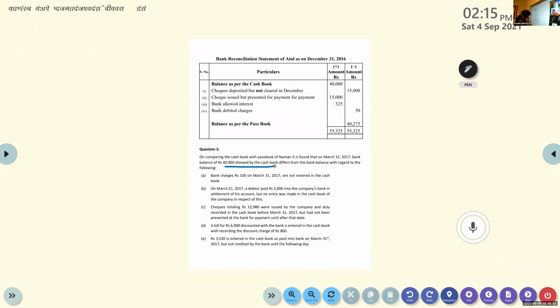So it is already gone from your bank account. It is shown as a reduction in the passbook. So what to do with these bank charges?